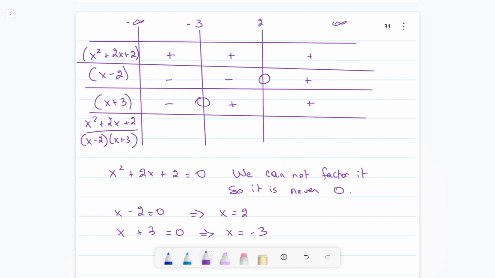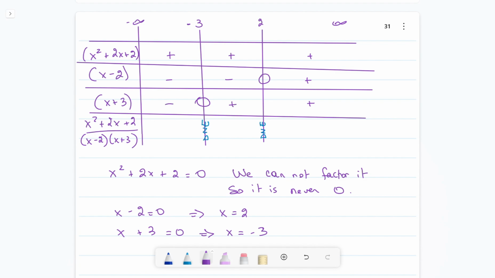Now for the overall fraction, keep in mind that the denominator should not be 0. So at x is equal to 2, it does not exist. And when x is equal to -3, it does not exist. However, the overall fraction in this interval, so from -infinity to -3, just look at the signs and multiply them.